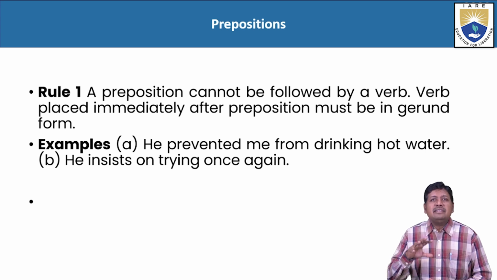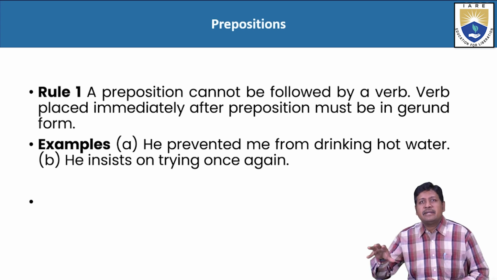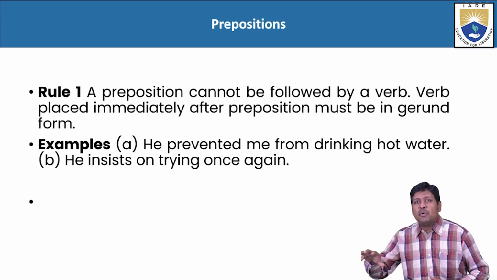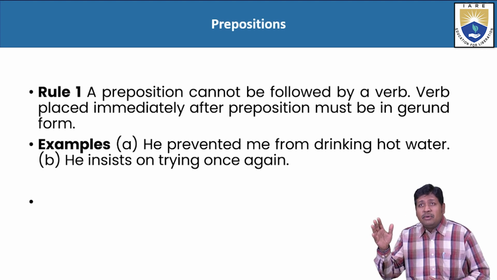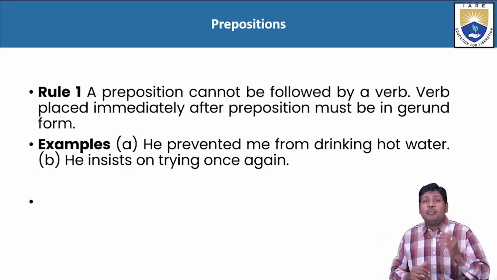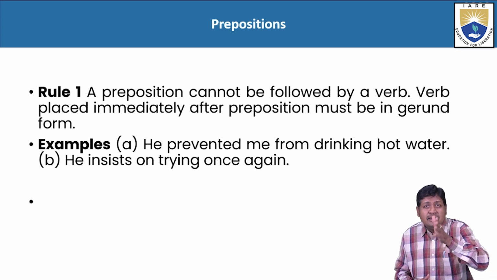The father prevented the son from smoking, prohibited the son from smoking, stopped the son from smoking. So I'm using three verbs here, but I'm using the same preposition, that is from. Prevented from, okay, stopped from, prohibited from.